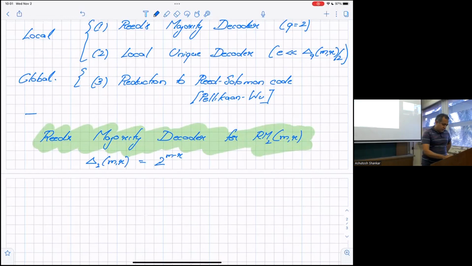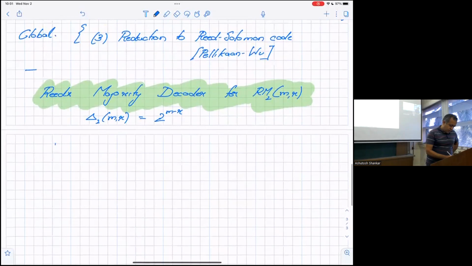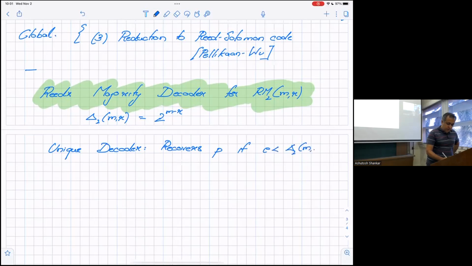It's going to be a unique decoder. If e is less than delta_2^{MR} by 2.